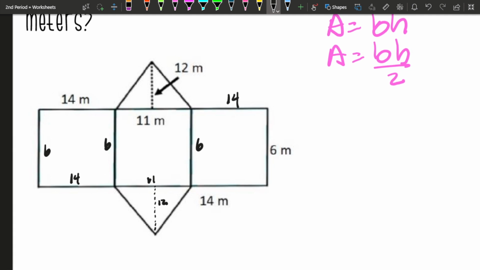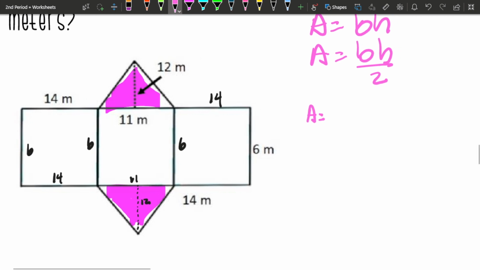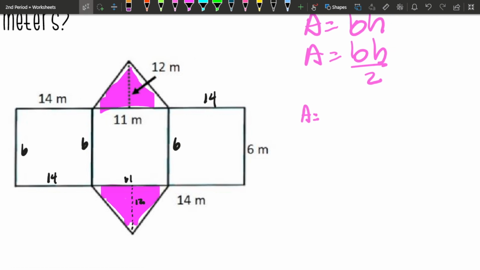All right. So now the base is a triangular prism. So that means that my base is a triangle. And how many of those do I have? 2. And how do I find the area of the base? Okay, so for the triangle, I'm going to use this formula. So let's look at the triangle right here.